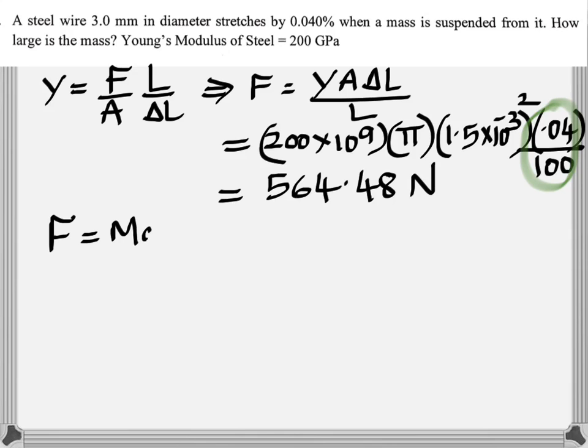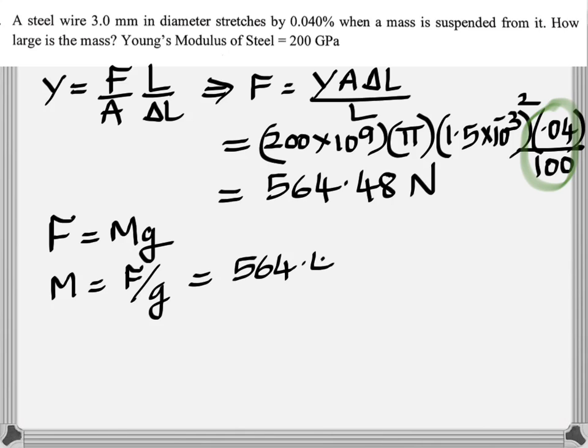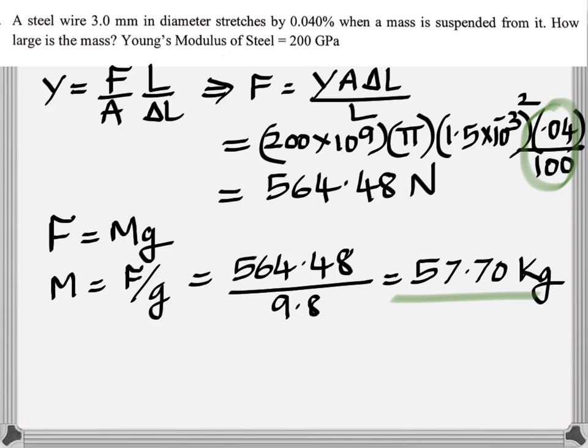So when you calculate, you get the force, and then mass is force divided by the acceleration due to gravity, which is 57.70 kilogram.